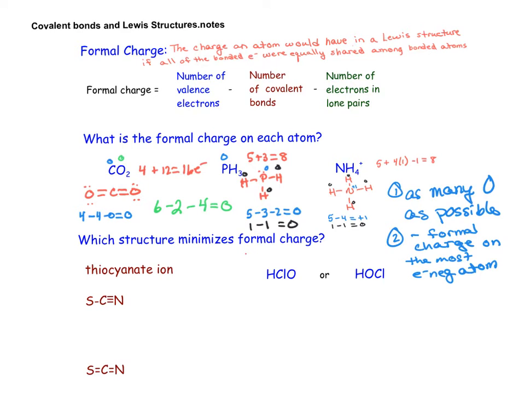So if we have to have a negative somewhere, we want it to be on the highly electronegative atom. If we have a positive somewhere, we want it to be on the least electronegative atom.